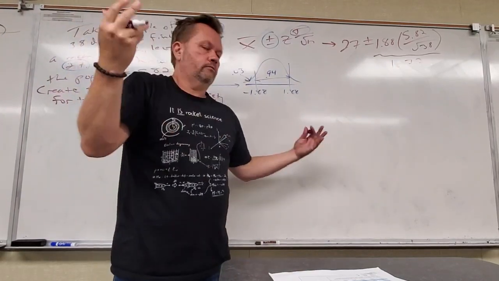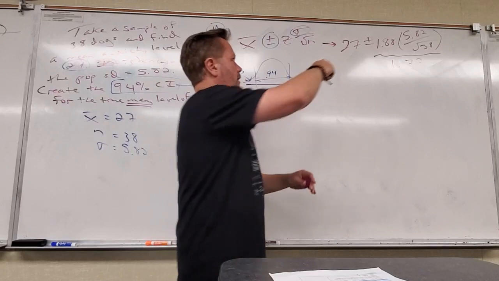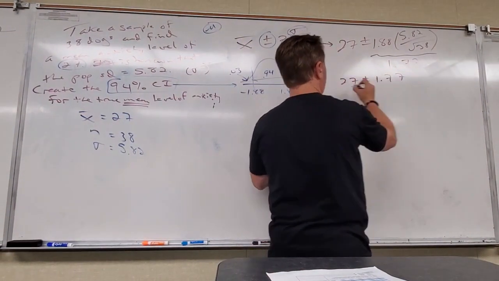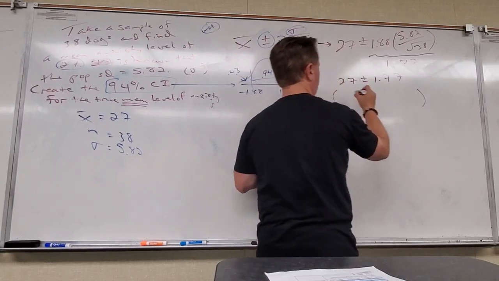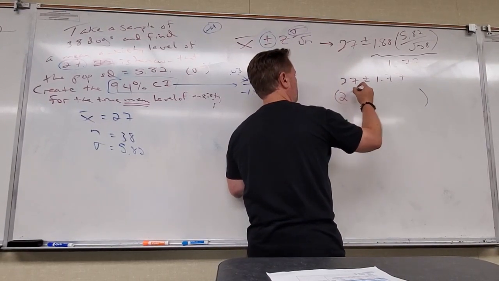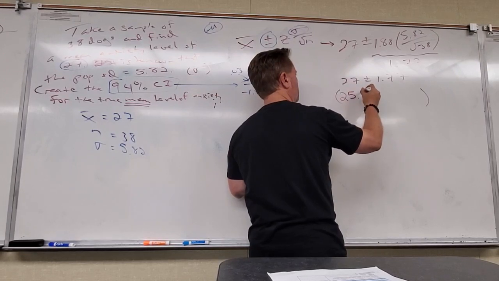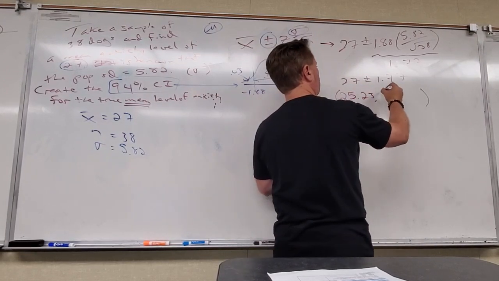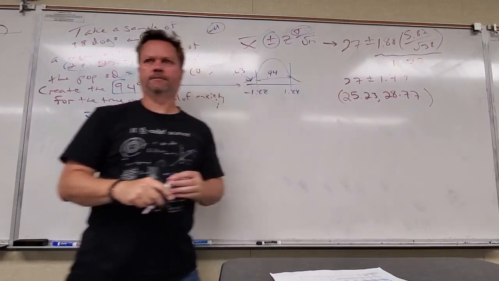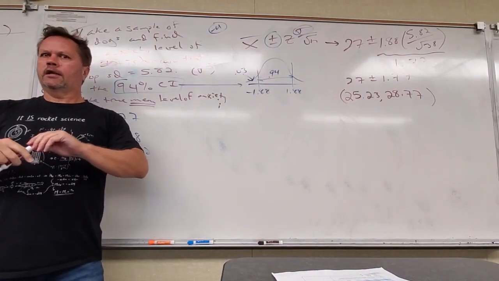So calculate the error. So now if I do 27, give or take 1.77, what do we get? 25.23 to 28.77. I like it. I like it a lot.